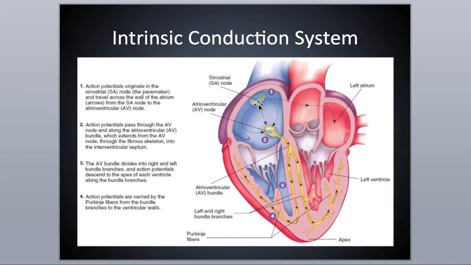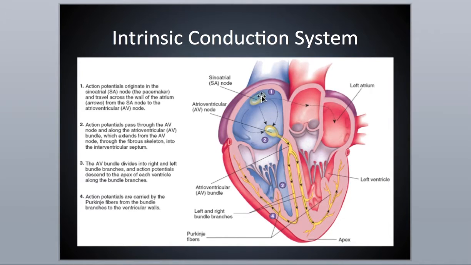So that signal will arrive at this node right here, which is the sinoatrial node, or SA node. It will then travel through the atria down to the AV node, or the atrioventricular node. It actually travels fairly quickly from the SA node to the AV node.